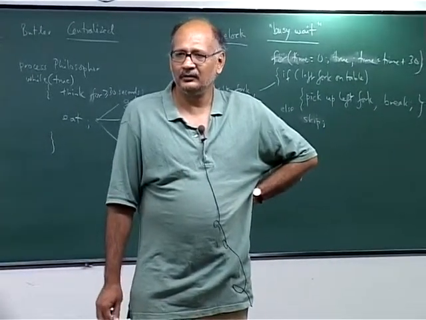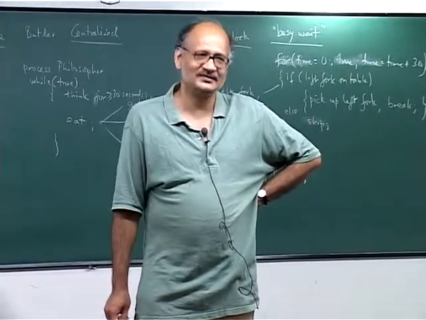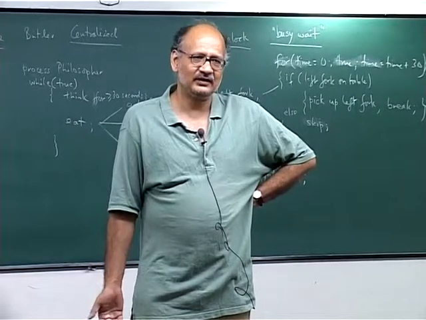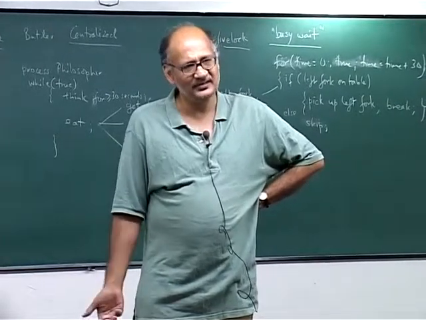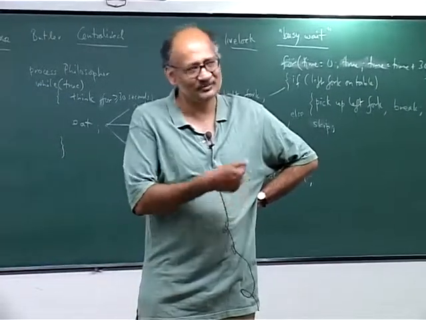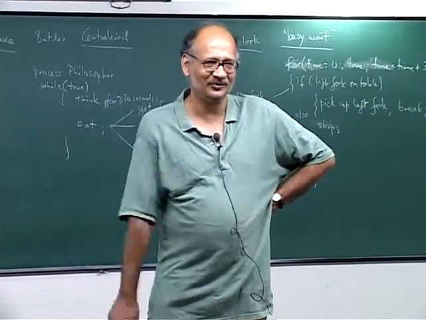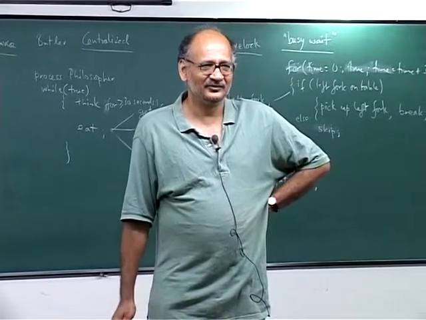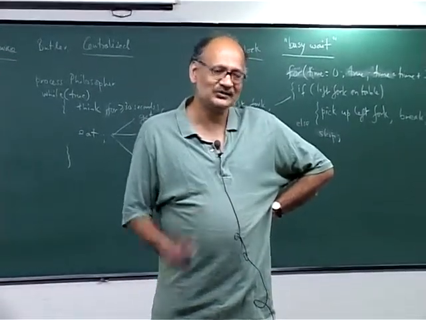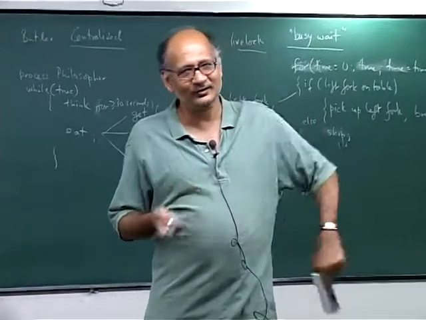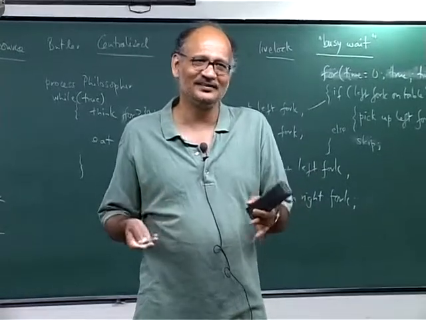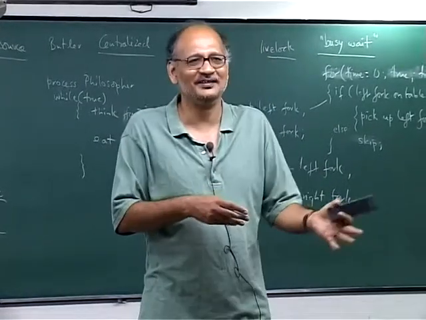What is a probabilistic, distributed and symmetric solution? A philosopher, when he or she wants to eat, tosses a coin and decides whether to first pick the left fork or the right fork. Of course there is a zero probability sequence in which all the philosophers' coin flips turn out such that they all first pick up the left fork.